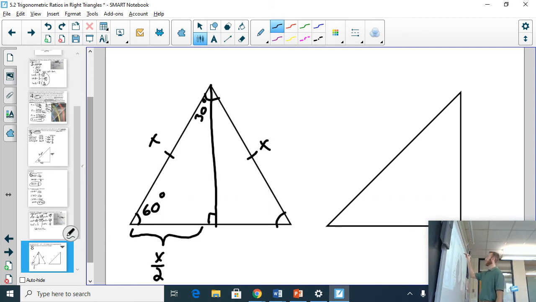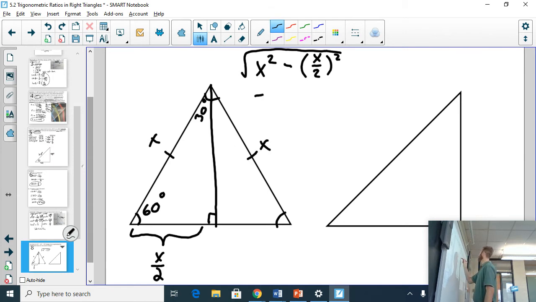And now let's find the length of this side right here, the middle one. We would do the Pythagorean theorem, which would give us the square root of x squared, since that's hypotenuse squared, minus x over 2 squared, right? And what's that going to get us?